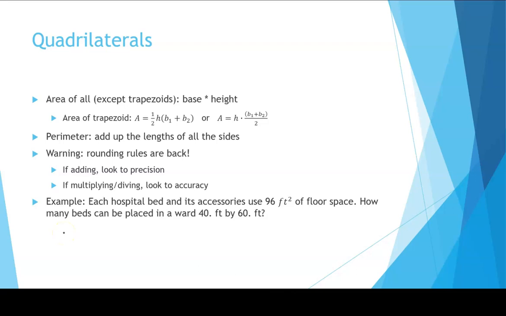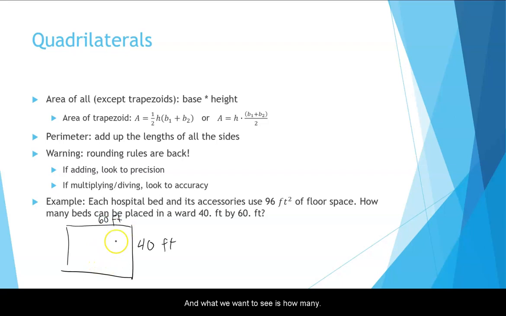Especially with geometry problems, it's so frequently useful to draw some kind of picture. This is not to scale, but this is 40 feet by 60 feet. And what we want to see is how many rectangles of 96 square feet we can fit inside of that.